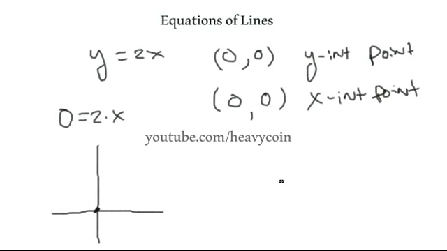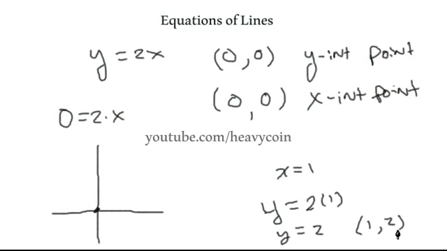For x, we could say, let's just let x equal 1, and therefore y is going to be equal to 2 times 1, and so y is equal to 2. So now we have another point, (1, 2). Right? So we'll say this is (1, 2) right here. And now we've got 2 points, and we can connect the dots to draw the graph that goes with this equation.